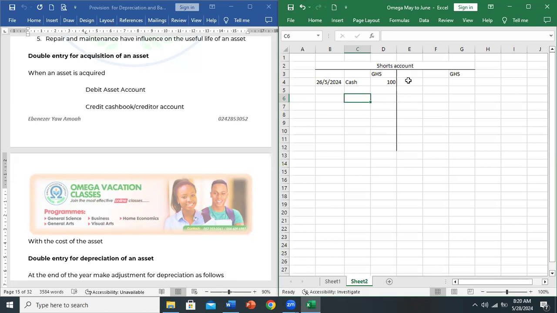So you do your normal balancing of account and move it to the next year. 2024 will end on the 31st of December 2024. So if we are balancing this, 100 against 0, the difference will be here, and that's the balance carried down. And normally we use the closing date for our carry downs.